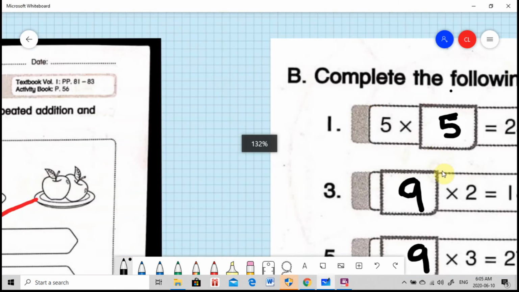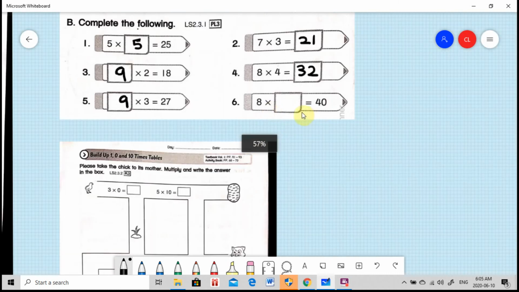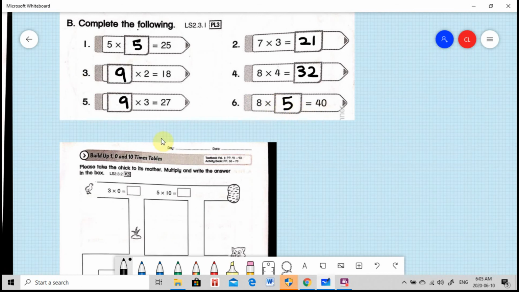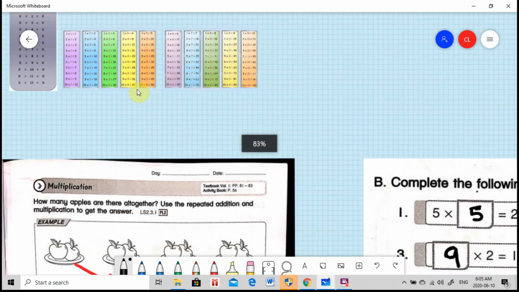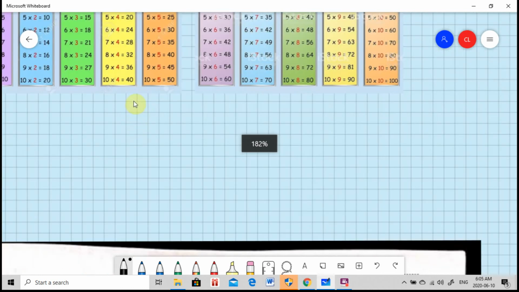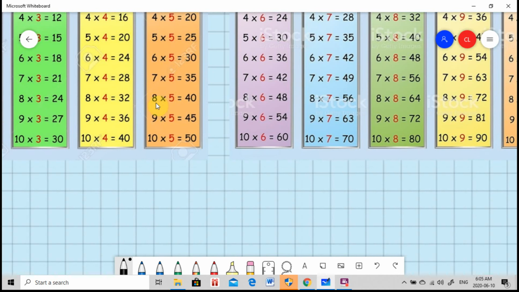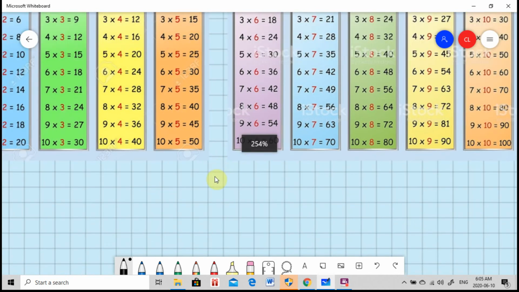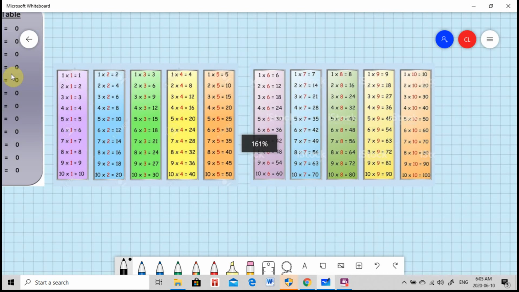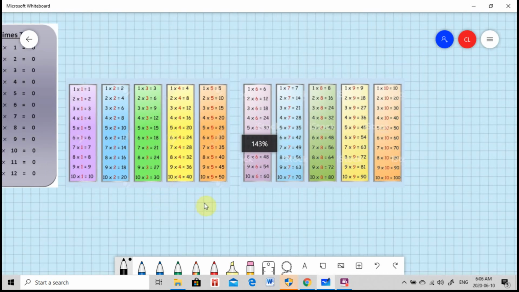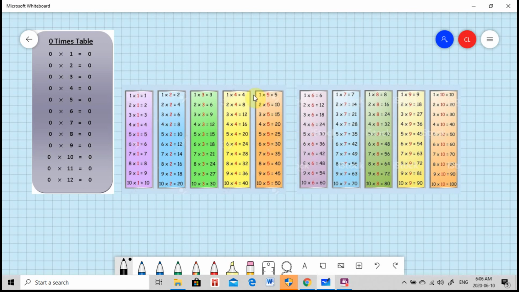And the last one, 8 times what is 40? 8 times 5. 8 times 5 equals 40. Right? We can check over here. 8 times 5 equals 40. Right? So it is best that you memorize all of it, all the tables. If you memorize all the tables, it's faster for you when you do the problem solving, right?